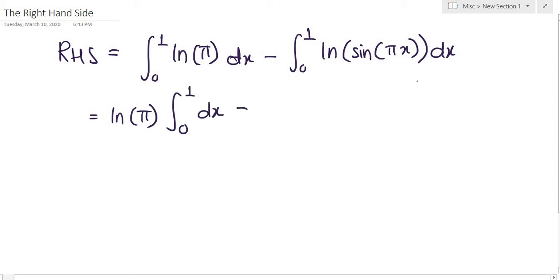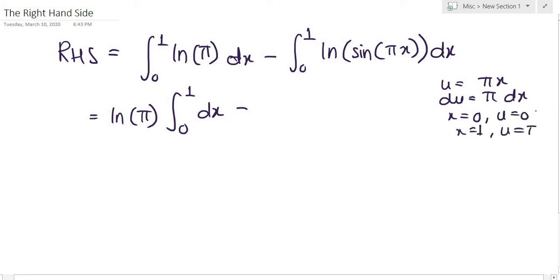And why don't we do a little substitution here? Let u equal pi x such that du is nothing but pi dx, and when x is 0 u is 0, when x is 1 u is pi.